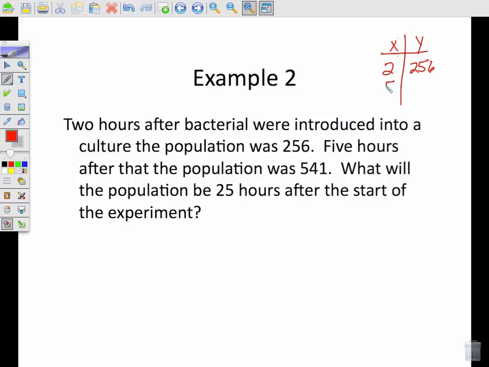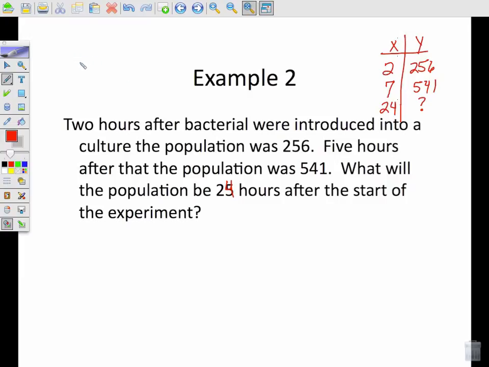After 5 hours after that, so that would actually be 7 hours from the start, it's 541. And then what we want to know is, what about for 24 hours? I think you guys have 24 and I have 25, so 24 hours, what would it be?